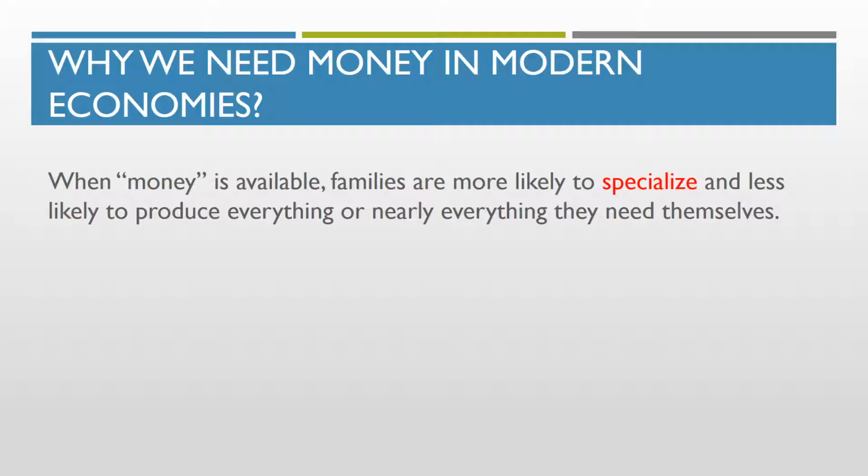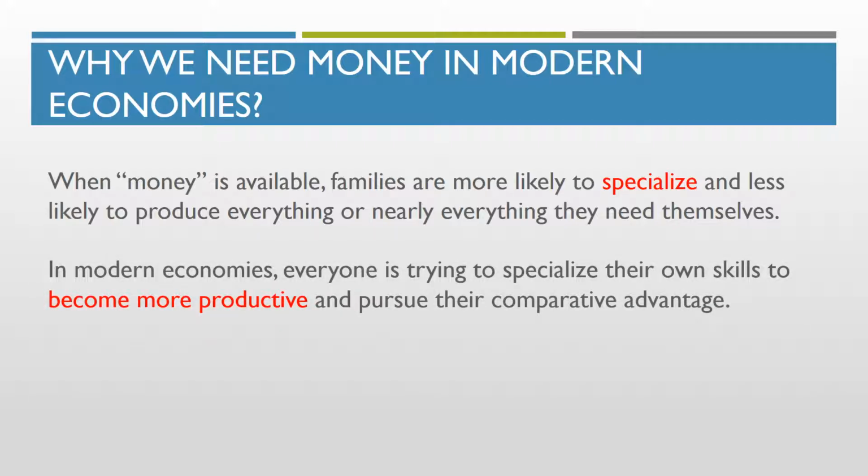The reason is that when money becomes available, people in the economy can specialize in something that they're really good at and spend less time worrying about counting what one deerskin is worth in apples, or what 2 otterskins are worth in cases of beer. Money can help people specialize and be more productive to pursue comparative advantage in the economy.